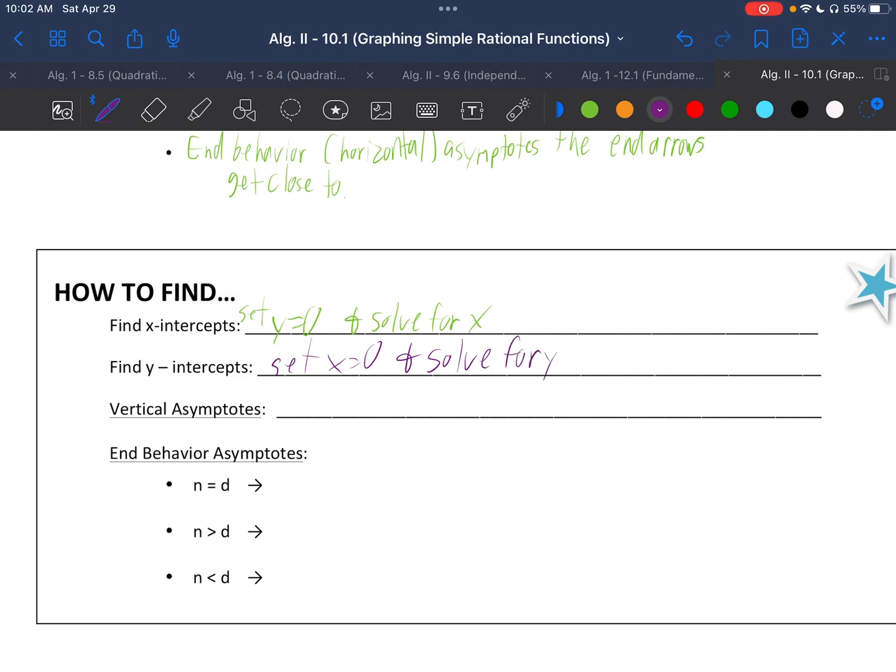If you recall, back when we did quadratics or linear functions, whenever you have the x-intercept or the y-intercept, the other value is always 0. So to find vertical asymptotes, this one's new, we set the denominator equal to 0 and solve.